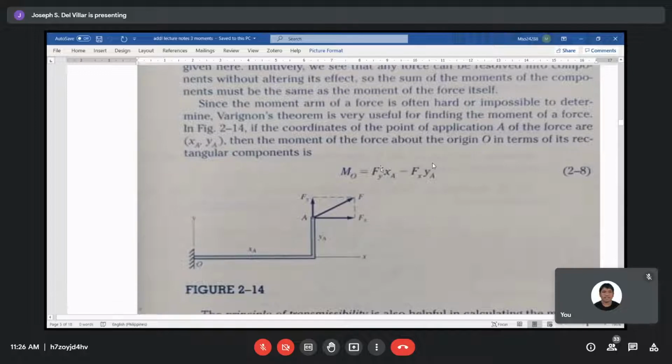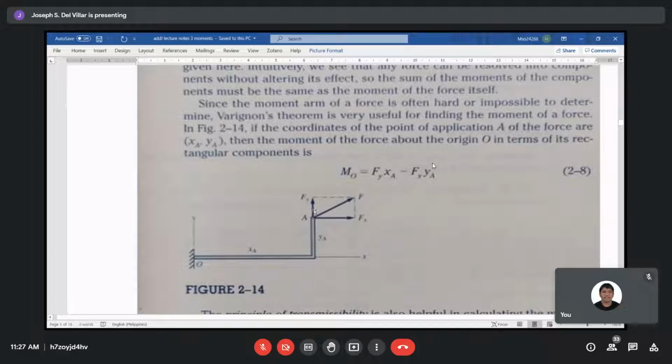Now, if we take the moment at this point, itong pivot point, O, if we take moment at O, using the components, di ba, itong Fx, Fy.